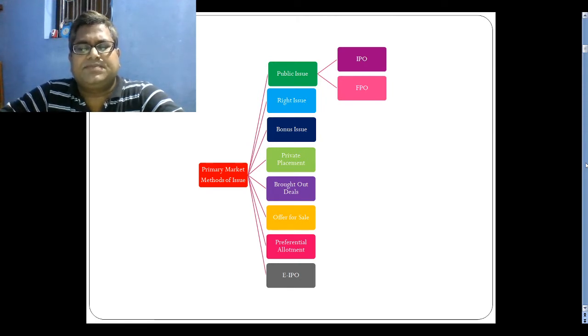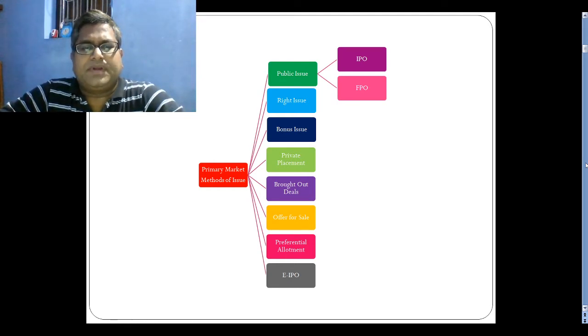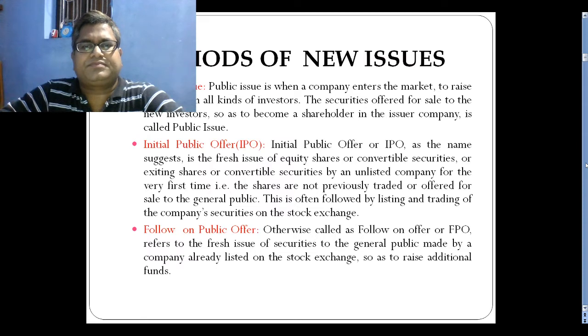One is public issue, another is rights issue, bonus issue, private placement, bought out deals, offer for sale, preferential allotment, and electronic IPOs. These are the methods through which funds are raised in the primary market.